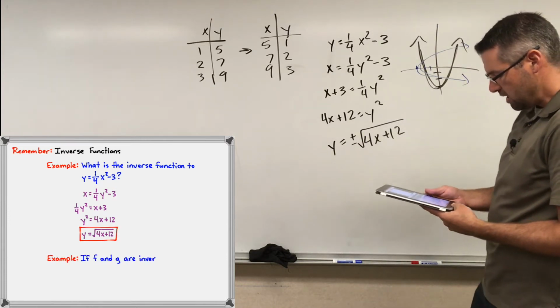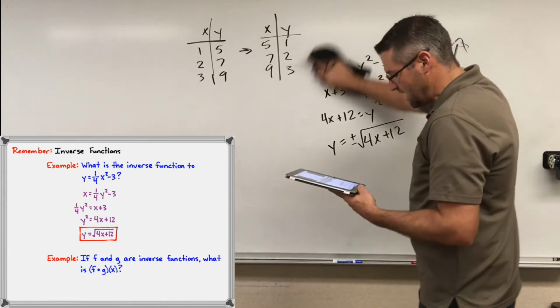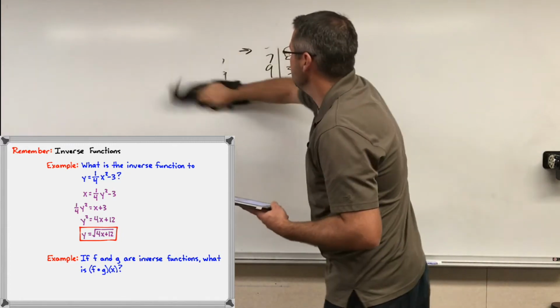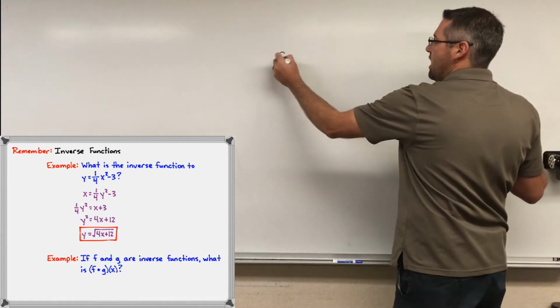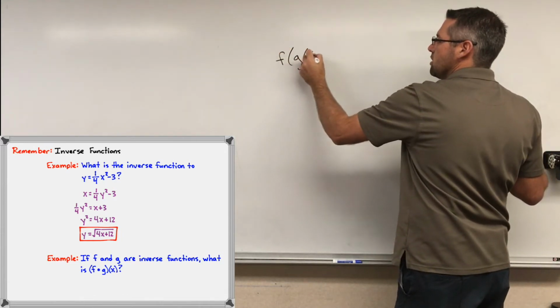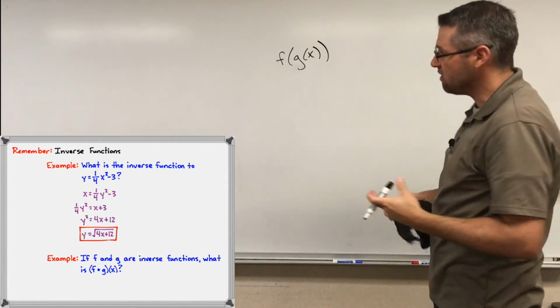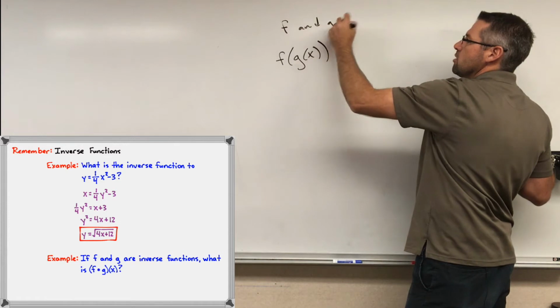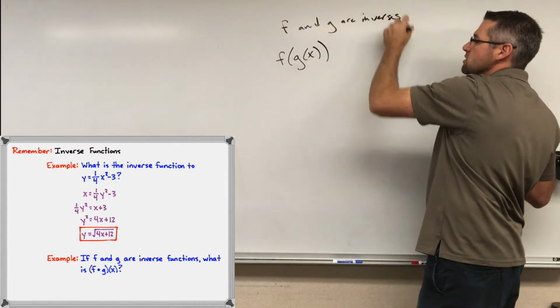Another example is if f and g are inverse functions, what is f of g of x? So remember, f of g of x can be rewritten as f of g of x. What is it if f and g are inverses?